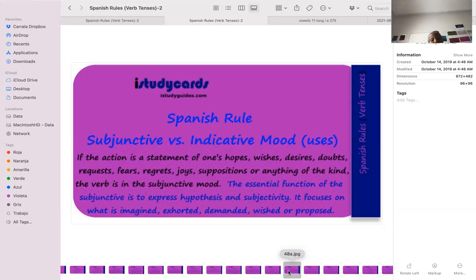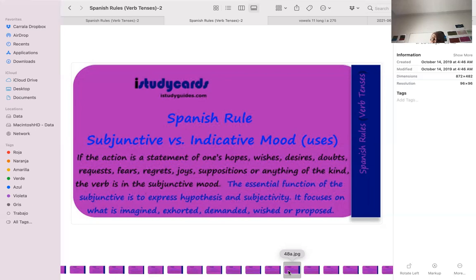Now, here's the question. How many of us, when we're speaking, do that? How many of us just basically limit our conversation to the indicative mood versus expressing hypothesis and subjectivity?